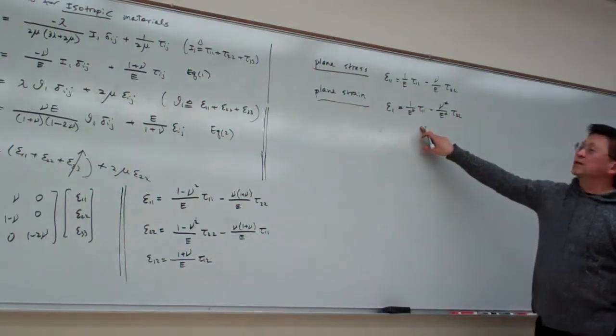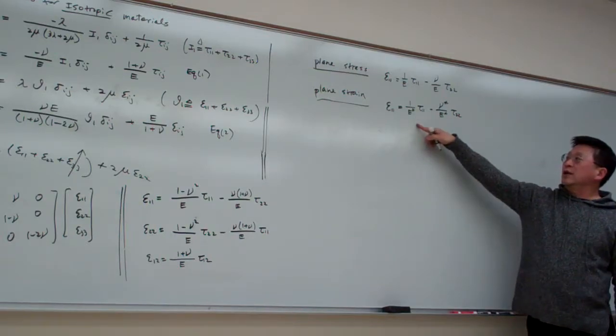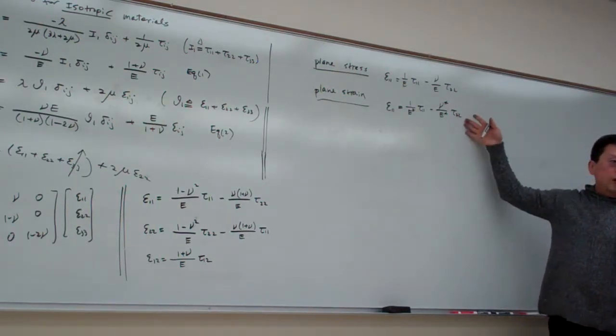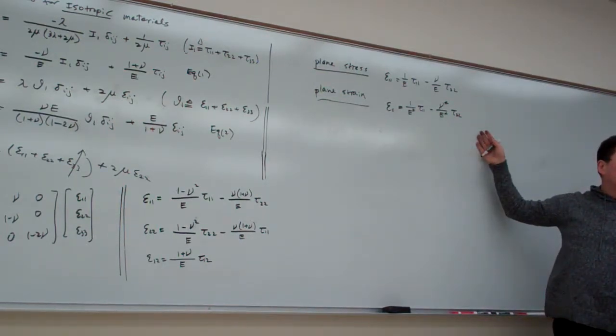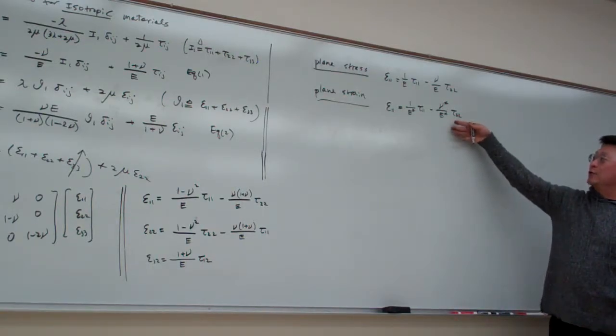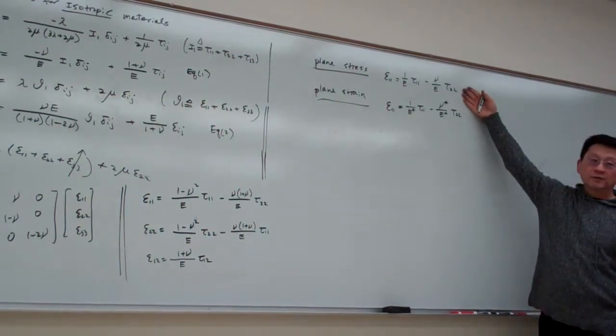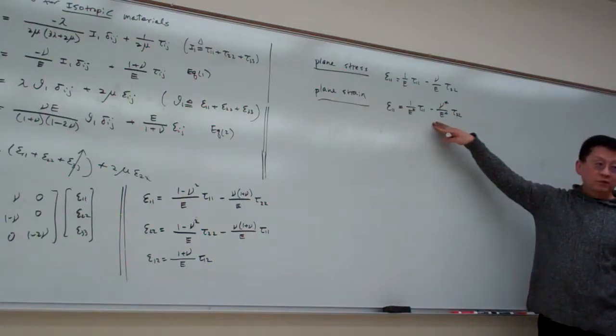Right now you can see I used the star notation, but the two forms are in the same template, right? Basically here I utilize the template for plane stress to describe the plane strain.